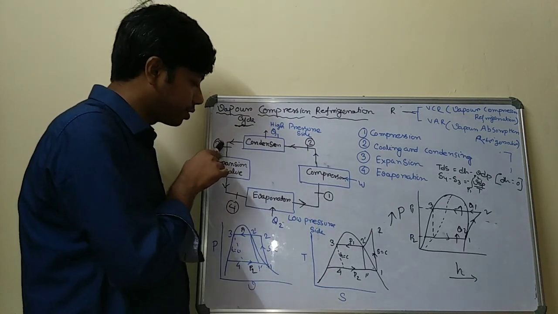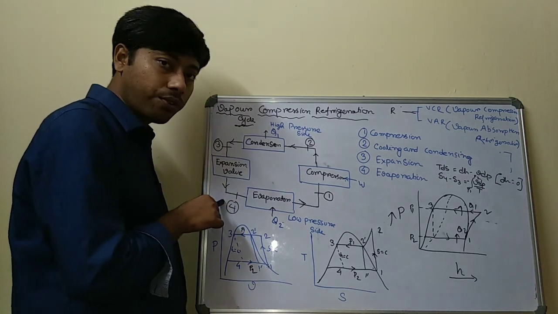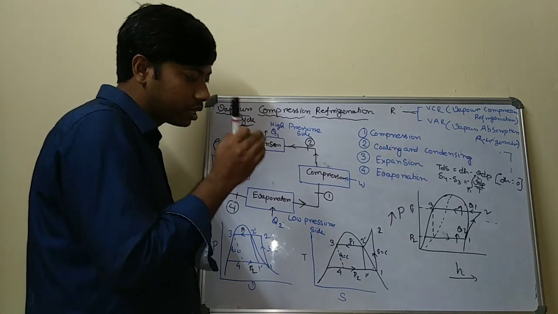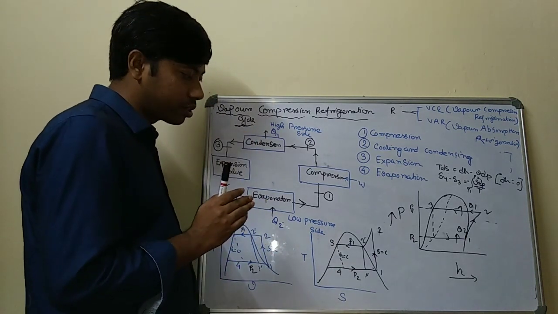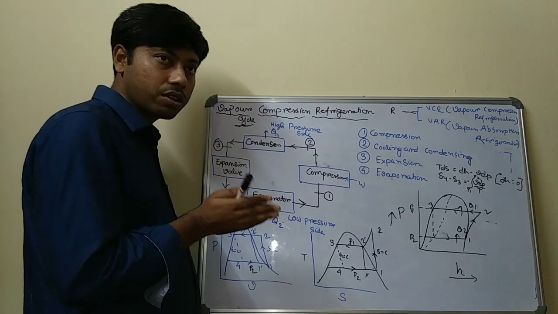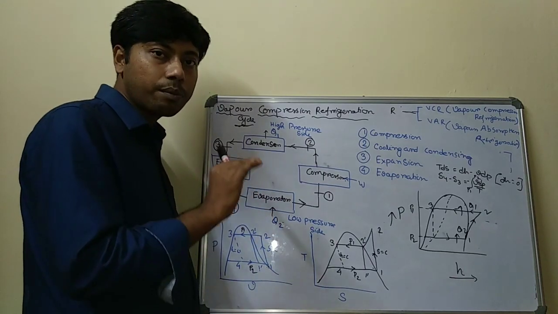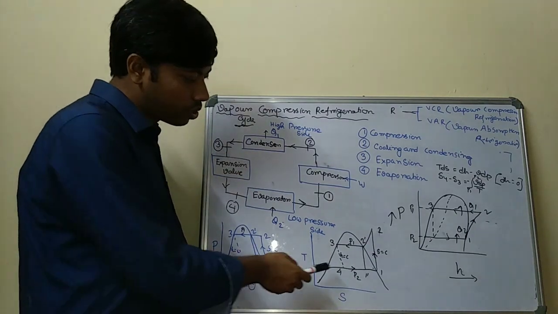Between state 3 and state 4 is the expansion valve, in which the isenthalpic process takes place, or you can say enthalpy is constant, because a throttling device or expansion valve is used to reduce the level of pressure.